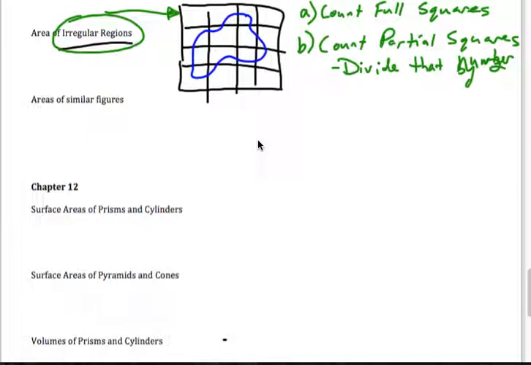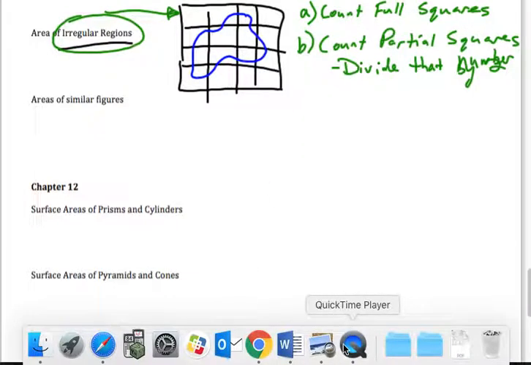Alright, so we're going to divide that number by 2. Alright, pause. Let's figure out what's going on.